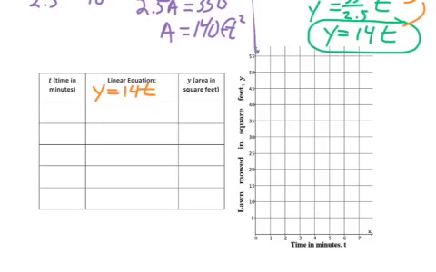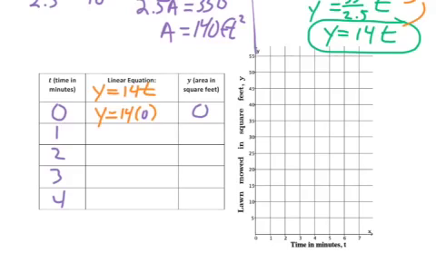Now I want to figure out, let's try it for 0 minutes, 1 minute, 2 minutes, 3 minutes, and 4 minutes. Go ahead and substitute in your letters in the middle. So it's going to be y equals 14 times 0, and 14 times 0 is 0.